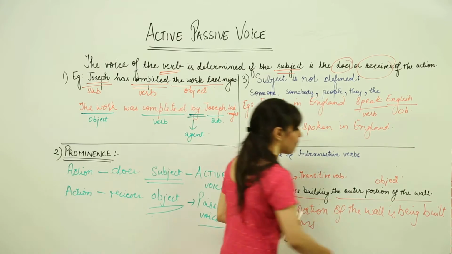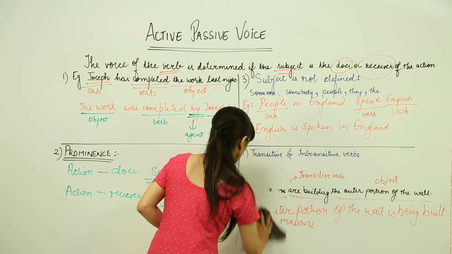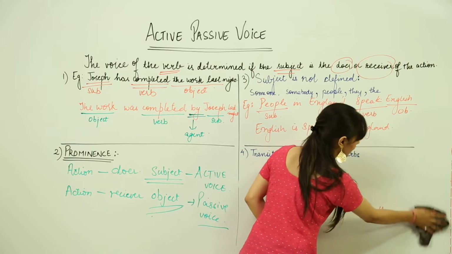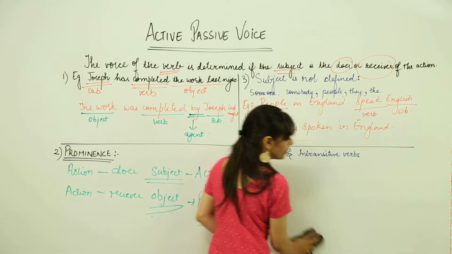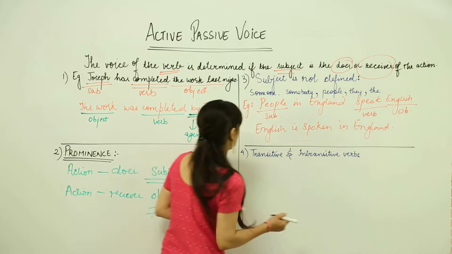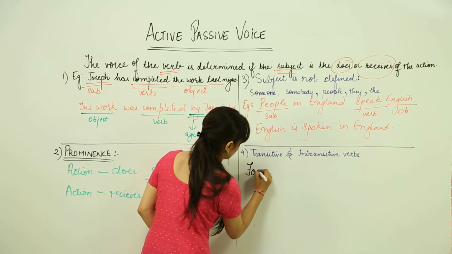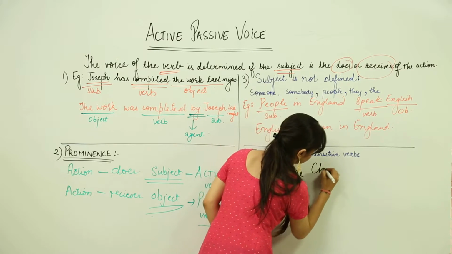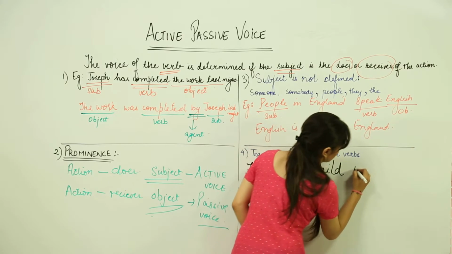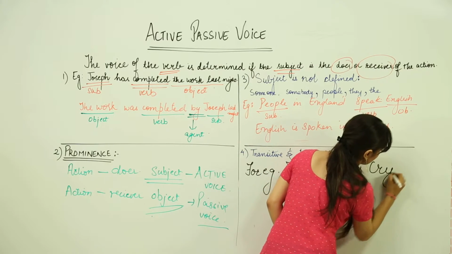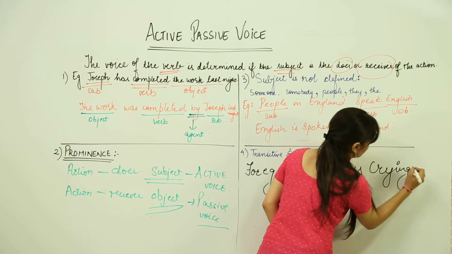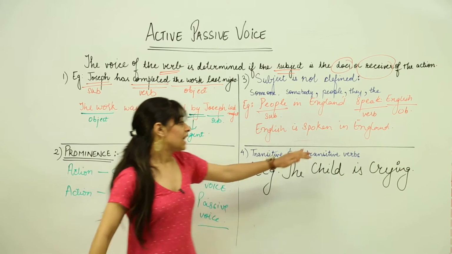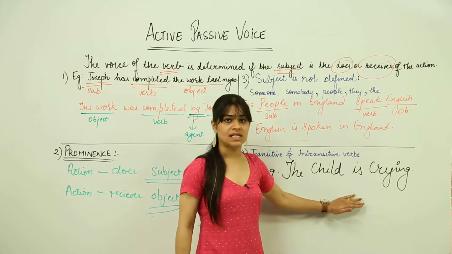Now let's see an example where we do not have an object, an example of an intransitive verb. The child is crying. Now in this case, this is an example of an intransitive verb.